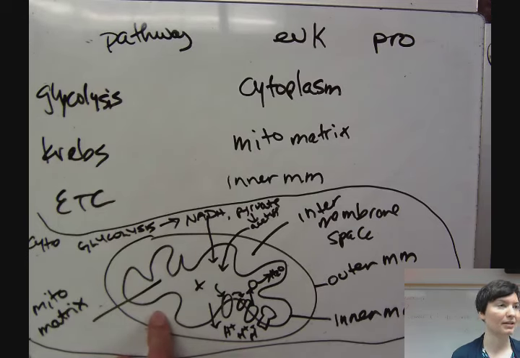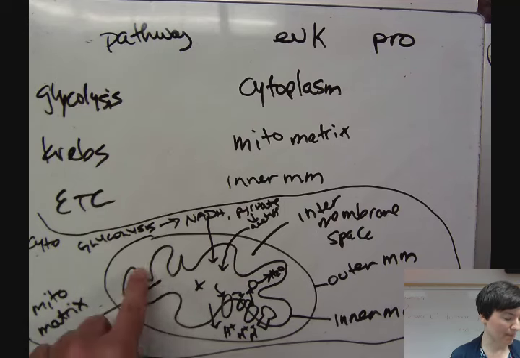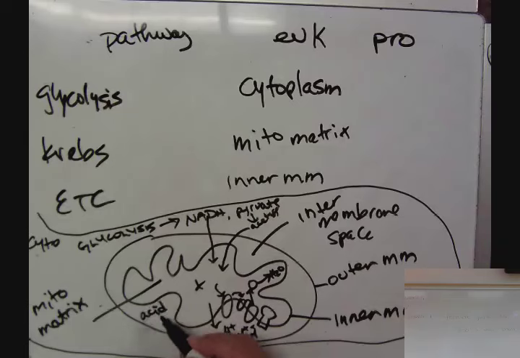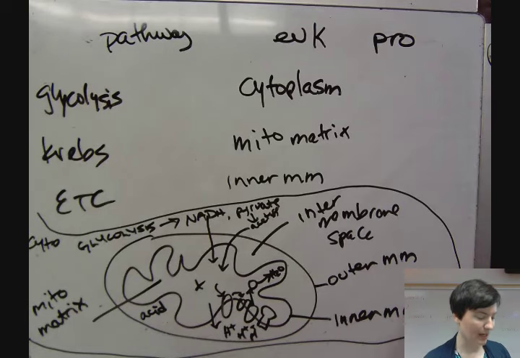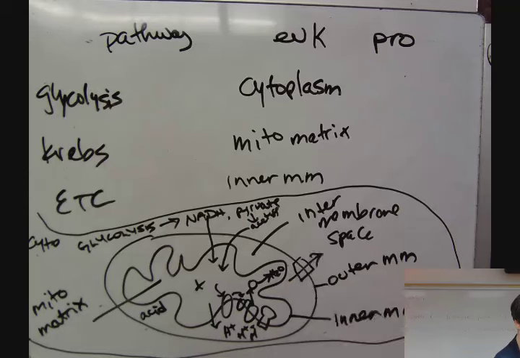It's acidic. Why is it super handy that we are putting it in this space between two membranes, rather than dumping those hydrogen ions into the cytoplasm? What would happen if instead our electron transport chain was here and we were dumping protons into the cytoplasm? It would get acidic, and then what would happen? Proteins would all fall apart. Remember, we talked about the protein structure and the effect of that.